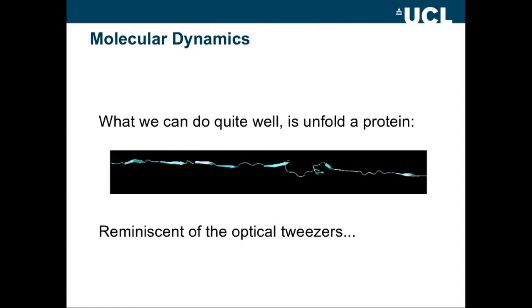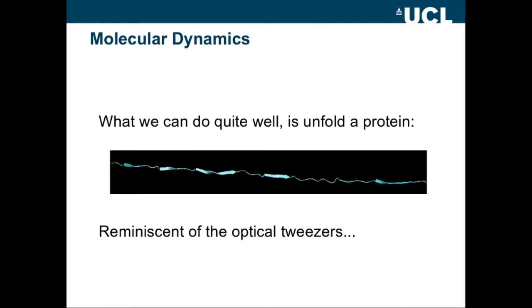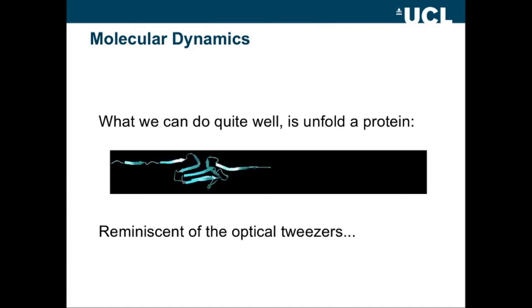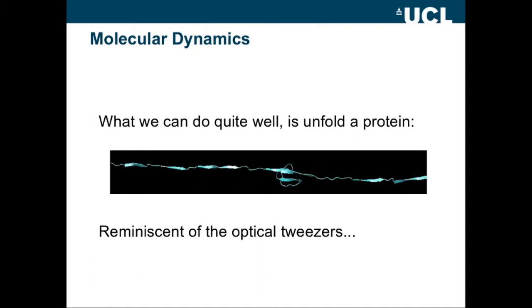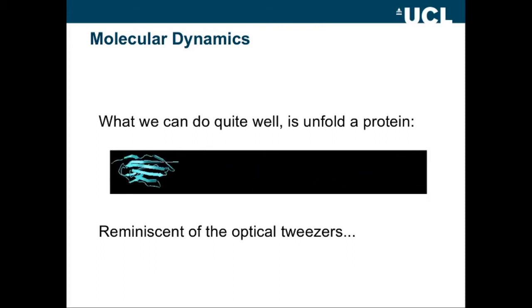What you see here is, if we start at the beginning, the compact structure, you can see it gradually starting to unfold, and at this point you could see that there was a small nucleation area, just a little bit of structure just here, that still maintained, and after that it's just individual strands of secondary structure which eventually would get pulled apart. Now, if you imagine running that simulation backwards, this nucleation point is exactly what we saw in one of the two models for the folding of proteins, this nucleation and then collapse.